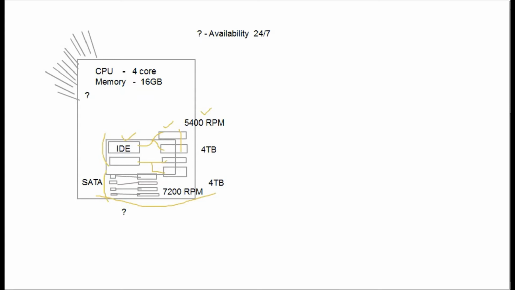Look at Coffee Day, even Pizza Hut and many more: every business is offering 24/7, available round the clock. When I say round the clock, I'm bothered about my machine. If I'm still using the same desktop, can I run it 24/7?